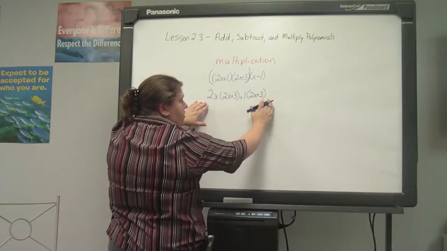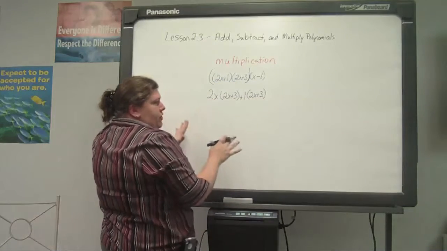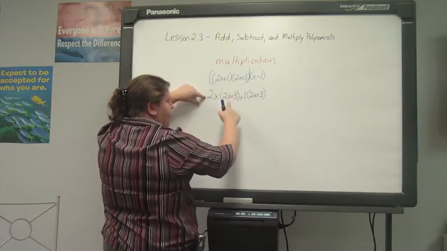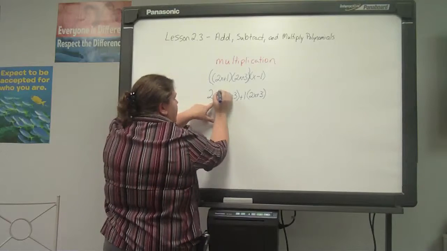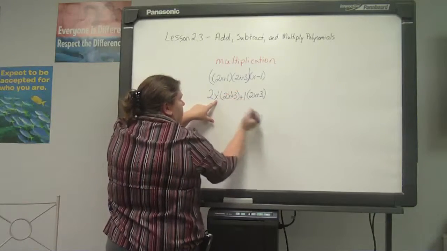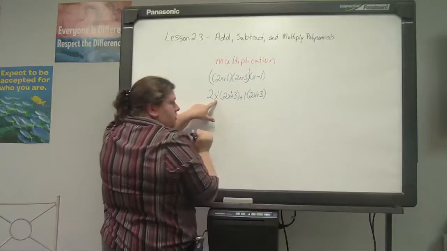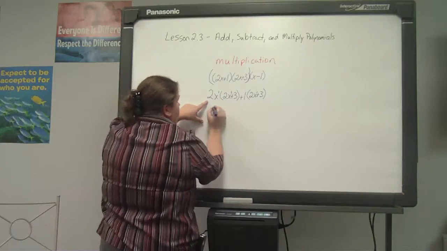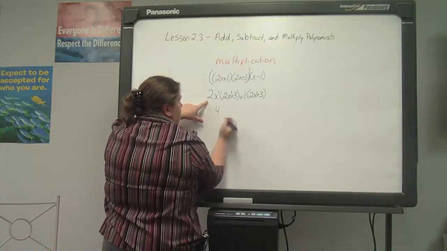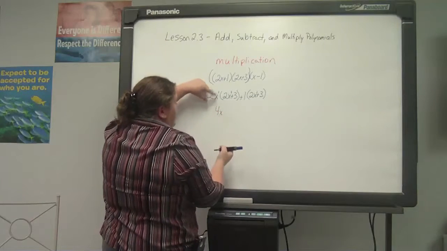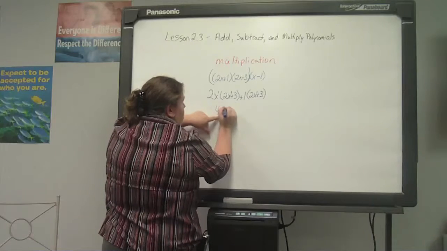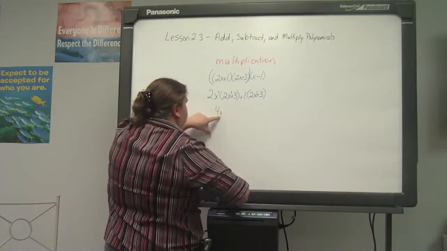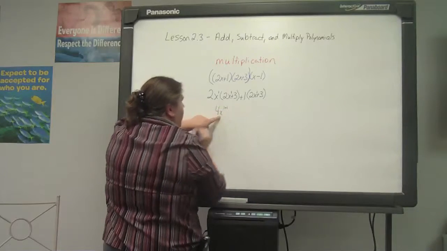Now, in this regard, all I've done was distribute. Now, the next step is to multiply. Remember that just x means x to the first. So I'm going to go ahead and put that here. 2x times 2x, we can say 2 times 2 is 4, and now we have an x and an x, so x to the 1 plus 1 power.